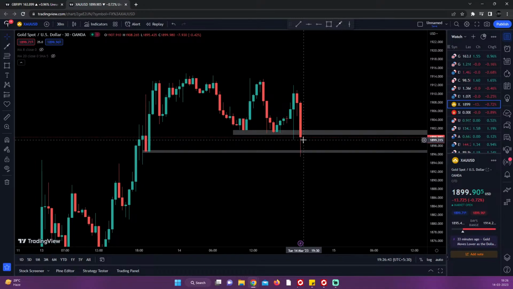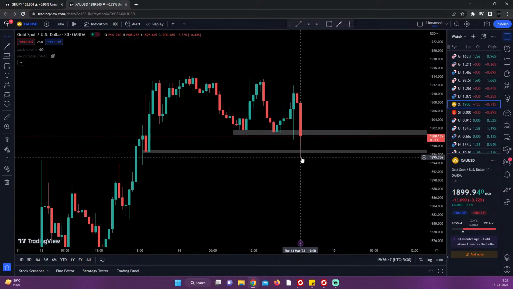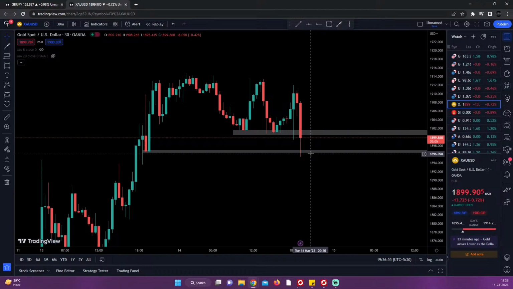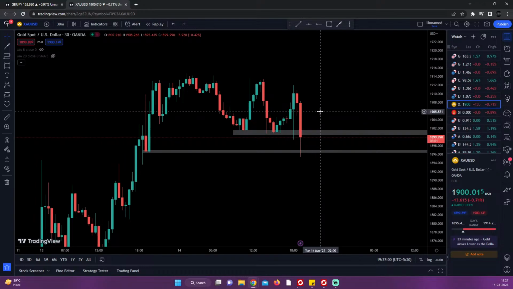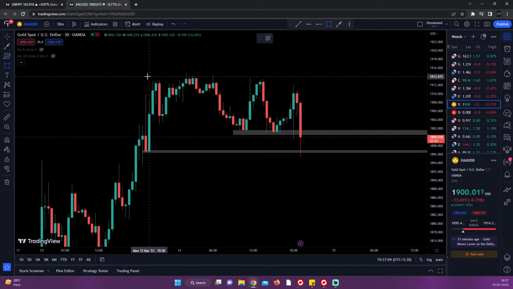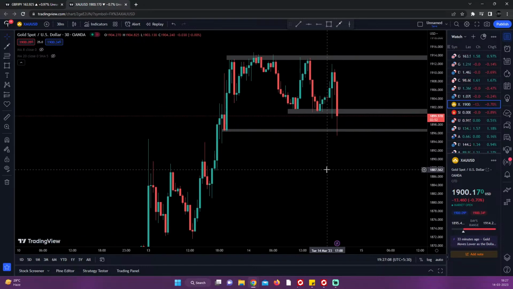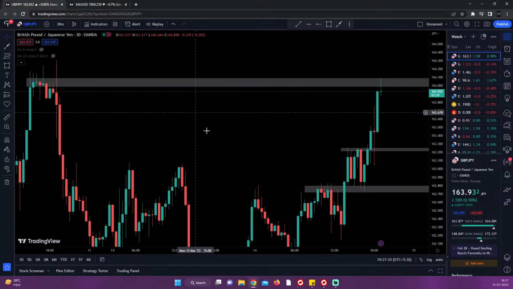If it were a sell bias, then this candle should be closing below this area of resistance, somewhere around this area over here. But right now it's rejecting the lower prices, so I cannot say anything surely about gold. I'm just staying out of gold right now, because I'm looking for a very easy kind of setup to take a trade.